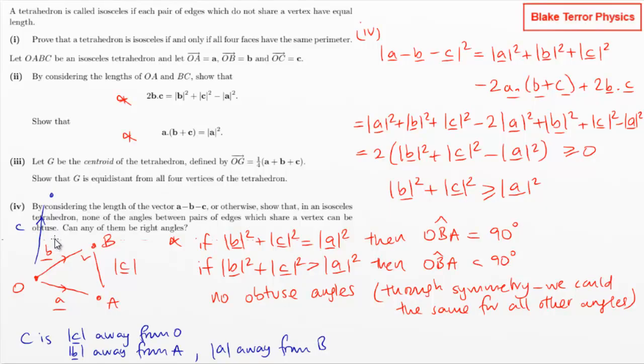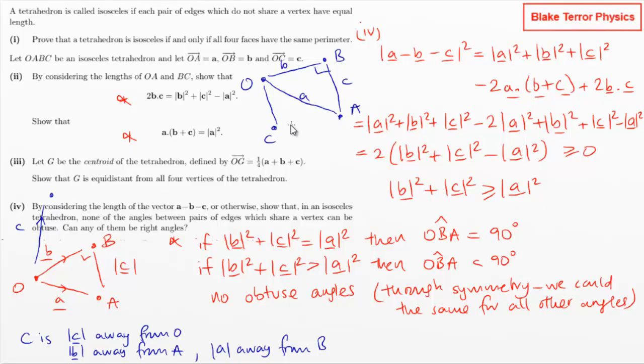If we've got O, we've got B, and we've got A, and we've got that as 90 degrees there. That is B, that is C, and that is A. Essentially what we're saying there. So if we had to put C in, it's got to be A away from B, B away from A, and C away from O. Yeah, it's just putting it here, isn't it?